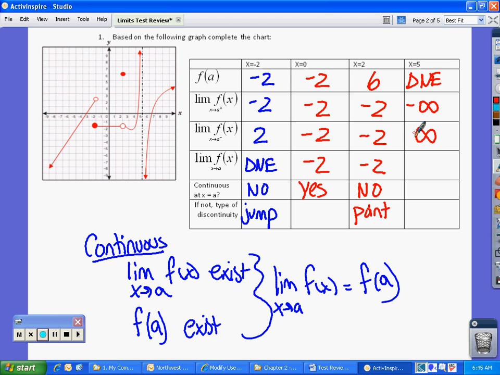What is the limit as we approach 5 in general? These two do not agree, so it does not exist. Is it continuous at x equals a? No, because clearly the limit doesn't exist, so therefore it can't be continuous there. All right, this type of discontinuity where you reach an asymptote and your function's going to infinity or negative infinity is what we call infinite discontinuity.